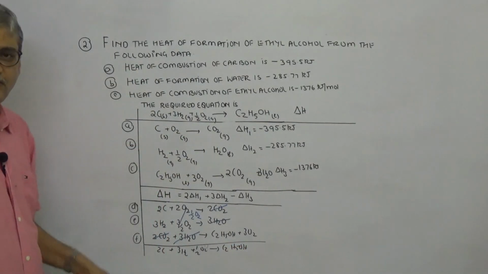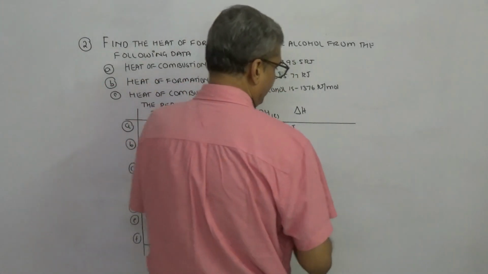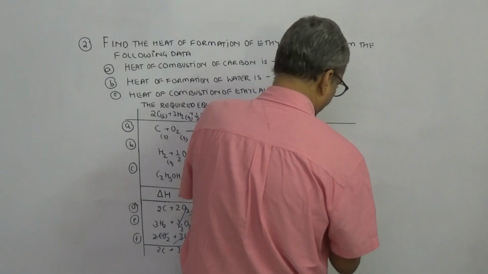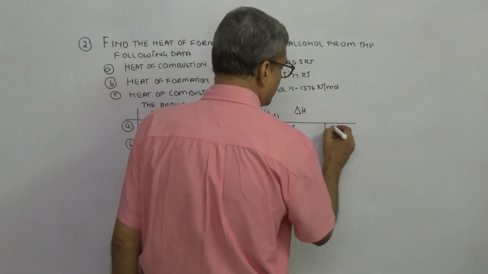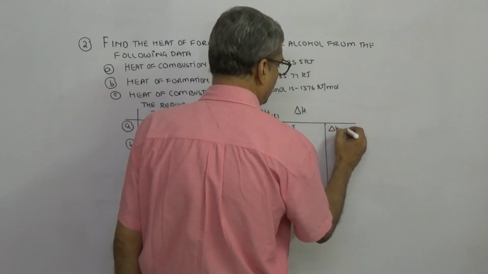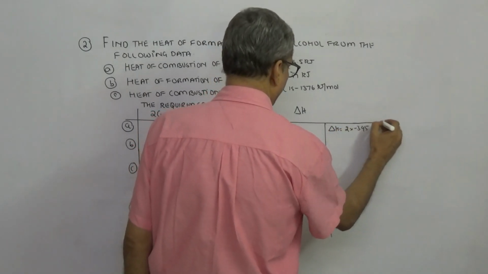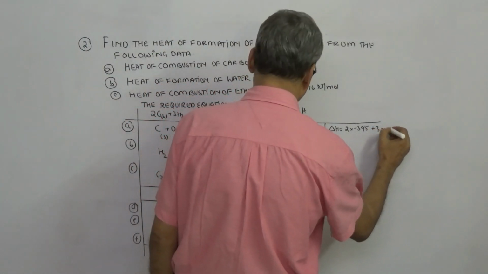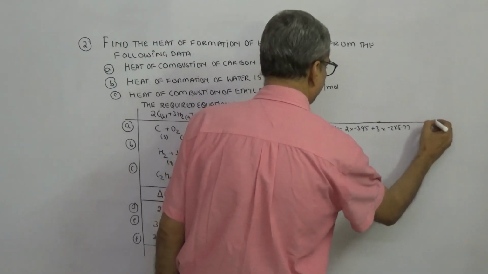So now having confirmed, now we'll do the same thing with the delta H values. So what is it that we have? Two times delta H1. So delta H will be equal to 2 into minus 395, plus 3 times delta H2, 3 into minus 285.77.